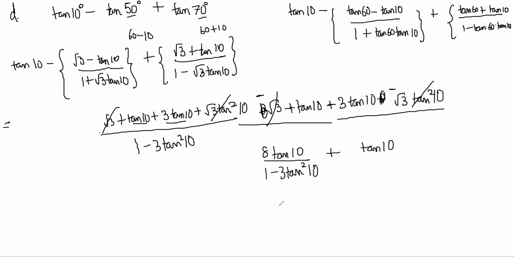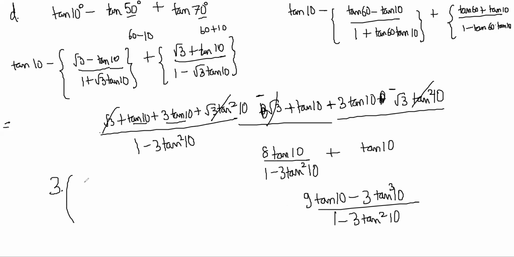So it becomes tan 10 minus 3 tan cube 10. So 9 tan 10 minus 3 tan cube 10 by 1 minus 3 tan square 10. So it becomes 3 common.